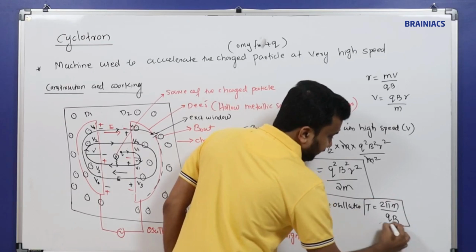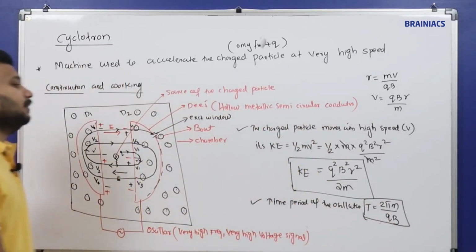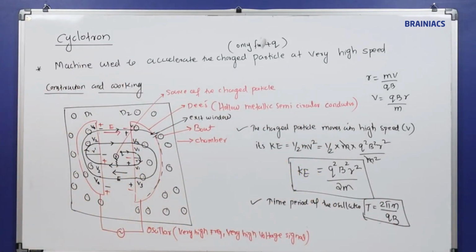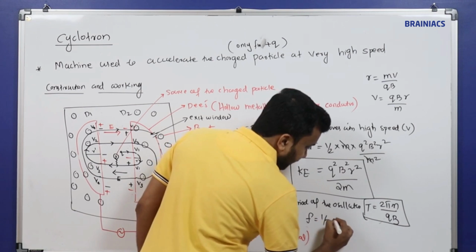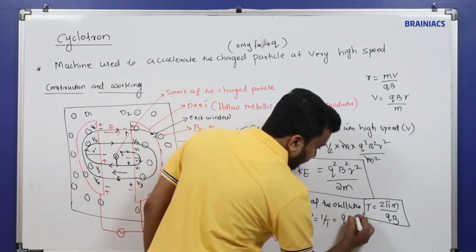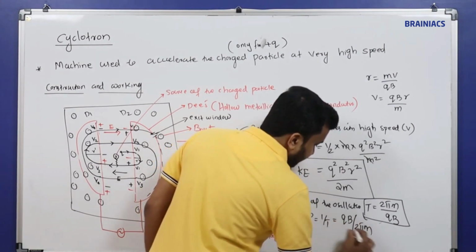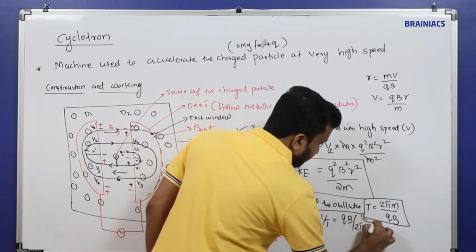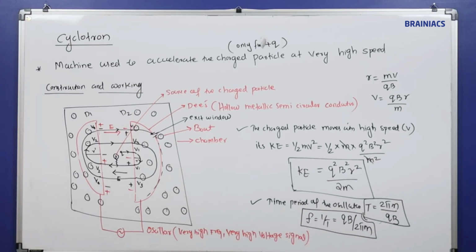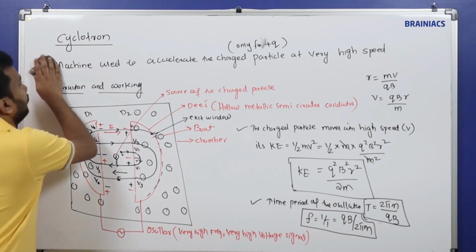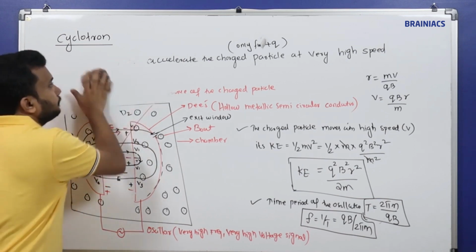Once we know the time period, frequency is 1/T, which is equal to qB divided by 2 pi m. So remember these equations also. We have already written this, but still remember these. This is important to know. Okay, fine.